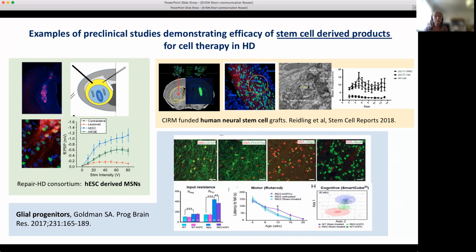All of these programs of work are at various stages of readiness for future clinical application. It's important to say that this is in no way exhaustive and that there are other groups within the consortium with clinically relevant programs of work.